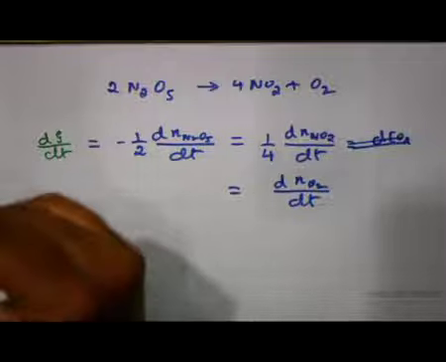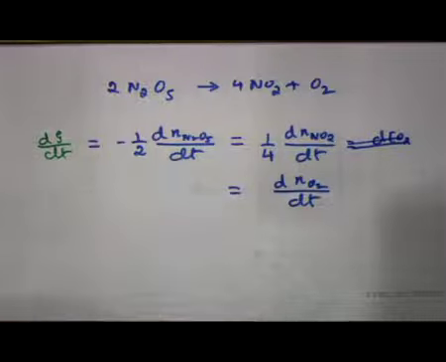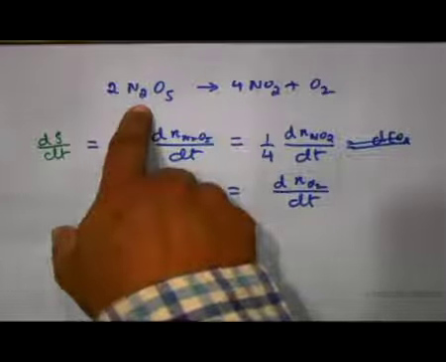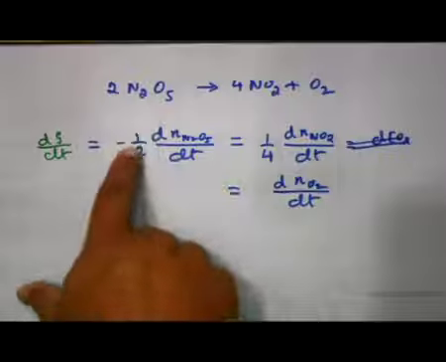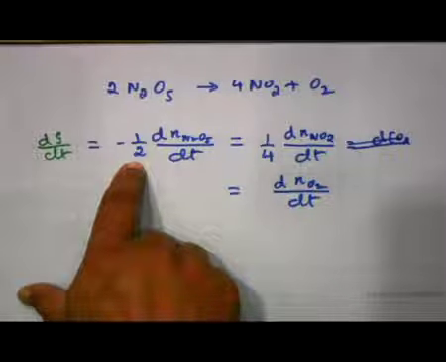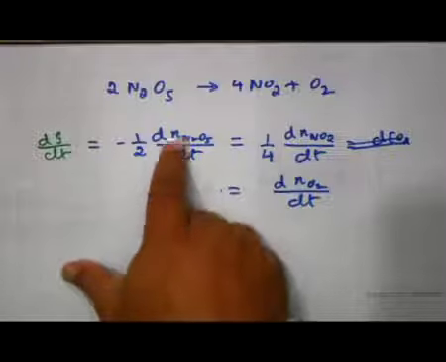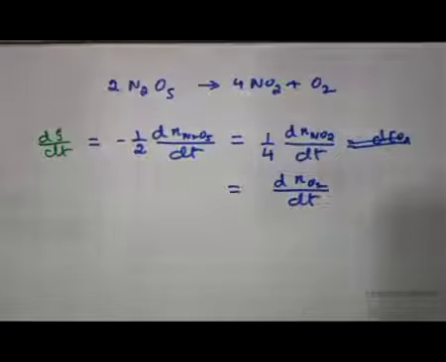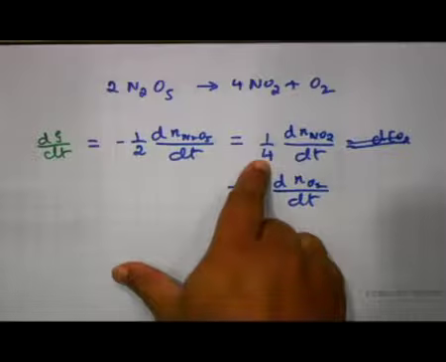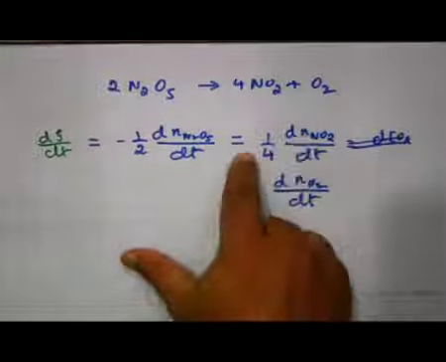So, going back to this expression for d psi over d of t, we have taken a specific reaction, and we are expressing d psi over d of t, that means the rate of the reaction, in terms of these given species. For N2O5, which is the reactant, it is minus 1 by 2, 2 being the corresponding stoichiometric coefficient, into the rate of change of number of moles of N2O5, or d N2O5 over d of t, obviously as a function of time. This is equal to 1 by 4. Remember, NO2 is a product, so it is a positive sign.